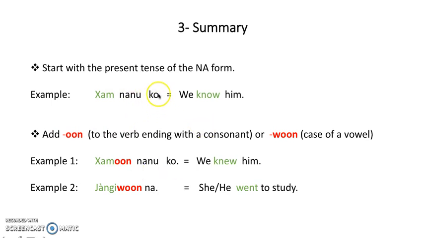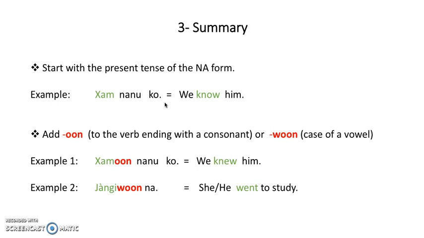Ko is an object pronoun. It's the same for direct and indirect object pronouns. So ko here is him or her or it. It could also mean to him, to her, if you were referring to English in a sense. So kham nanu ko, we know him, we know her, or we know it.